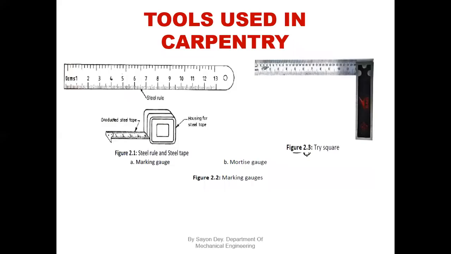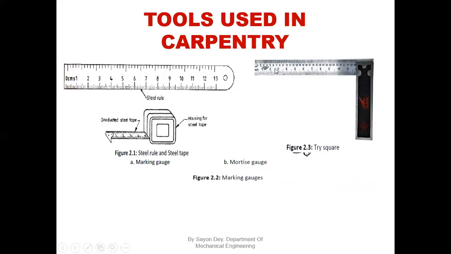Okay, next, these are the common hand tools that we use in our carpentry shop. Like the first one is steel rule. This is not scale. I have a separate video on the hand tools. Please look at my other video so you can get a better idea about the carpentry or pattern tools. Okay, this is tri square.